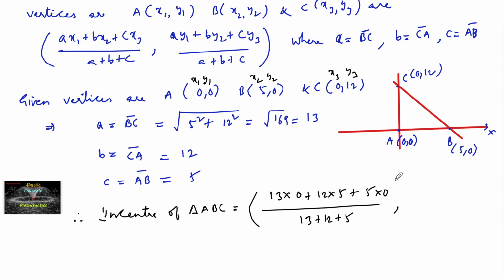And the next coordinate: a times y1, that is 13 times 0, plus b times y2, that is 12 times 0, plus c times y3, that is 5 times 12, upon 13 plus 12 plus 5.